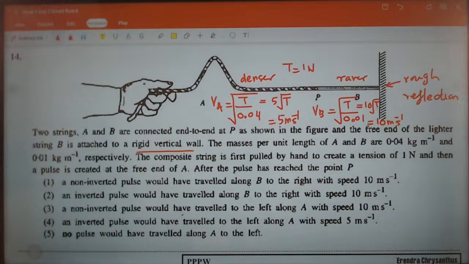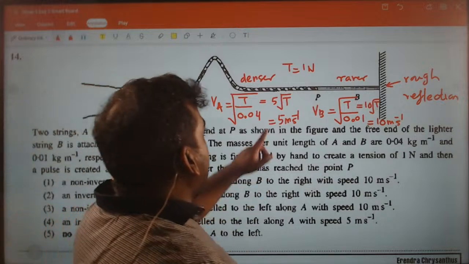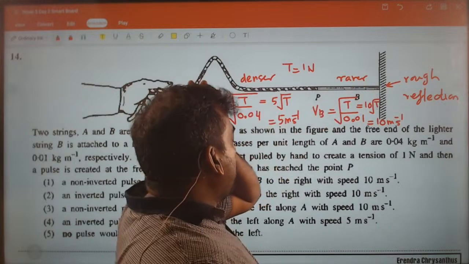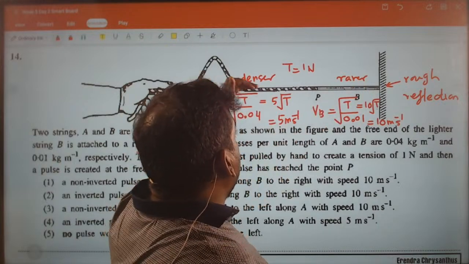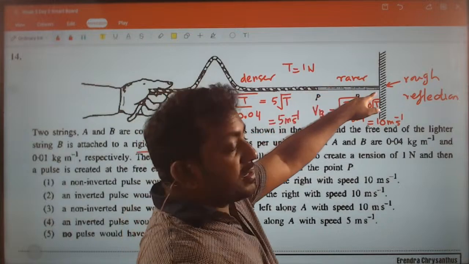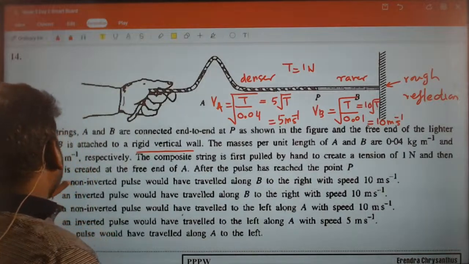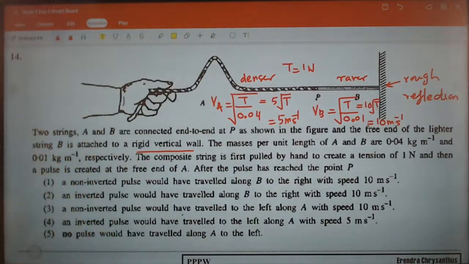Look at this. Here denser is connected to rarer. Speed is much slower here and much faster there. Denser, rarer. Here mass per length is also large.